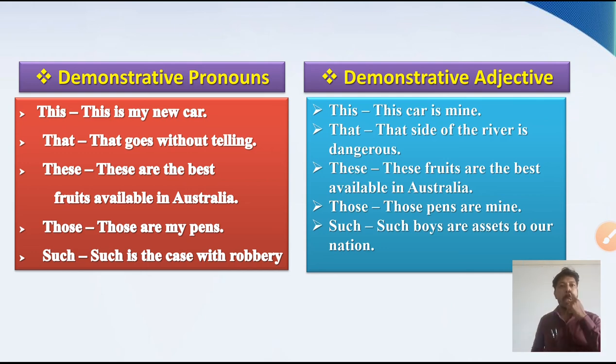So here in the red colored box, "This is my new car." It is a demonstrative pronoun. Just try to remember the rule. When a demonstrative is followed by am, is, are, was, were, shall be, will be, may, might, this type of modals, it is treated as a pronoun.